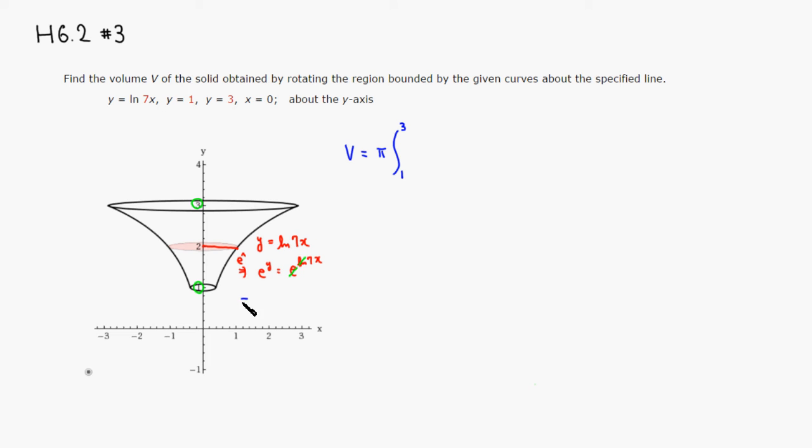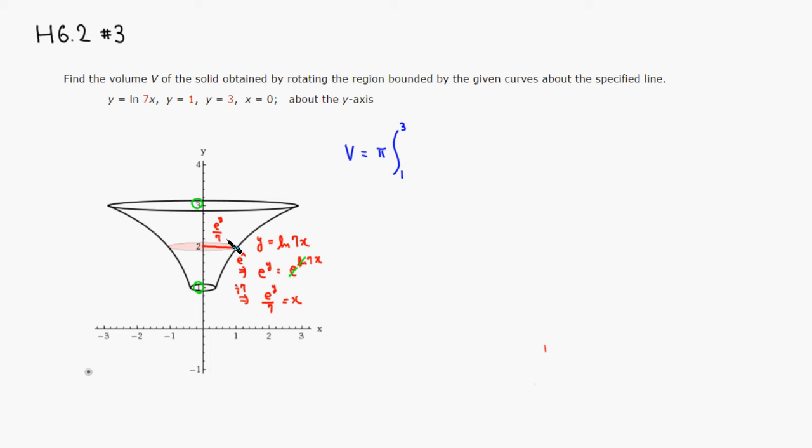Then divide through by 7 to isolate x, so you get e to the y over 7 is equal to x. So the radius is e to the y over 7.